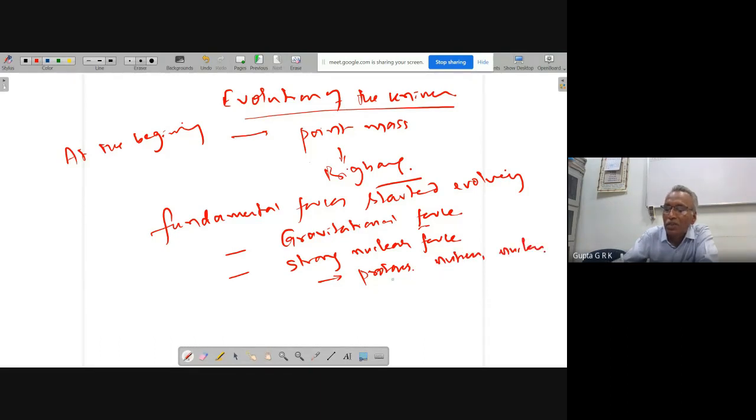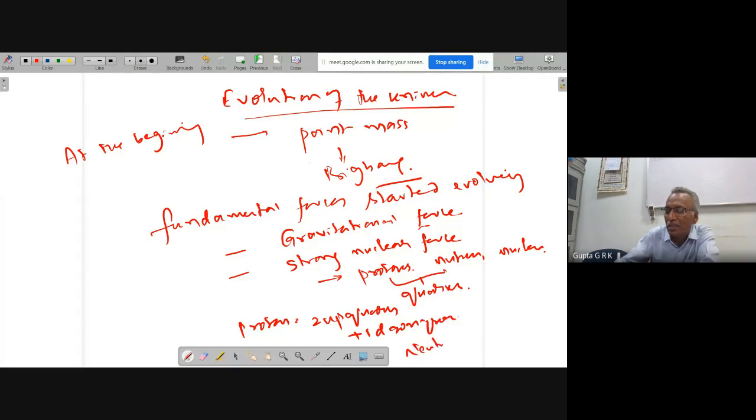And protons and neutrons are formed by quarks. A proton is equal to 2 up quarks plus 1 down quark. And neutron is the reverse, right?